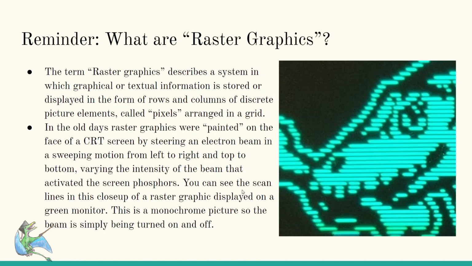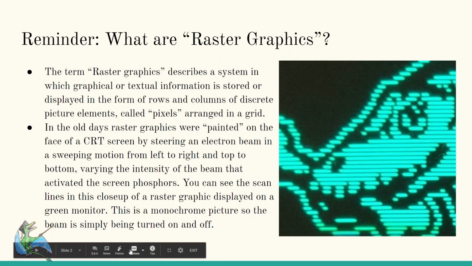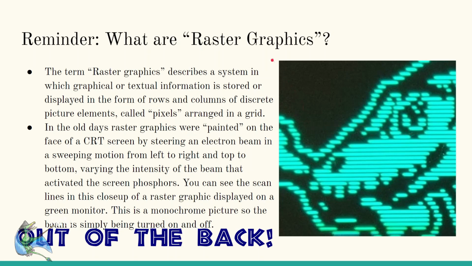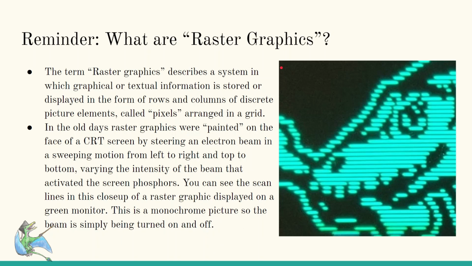So back in the old days, we actually did have a technology that allowed steerable beams. It was called CRTs. And the way you would draw raster graphics on a CRT is, it's got an electron beam shooting out of the front, and it makes a spot on the front of the CRT. It's focused by magnets.